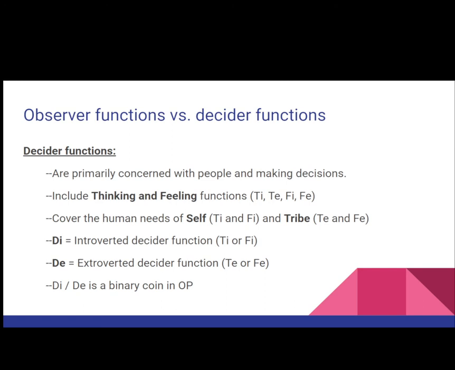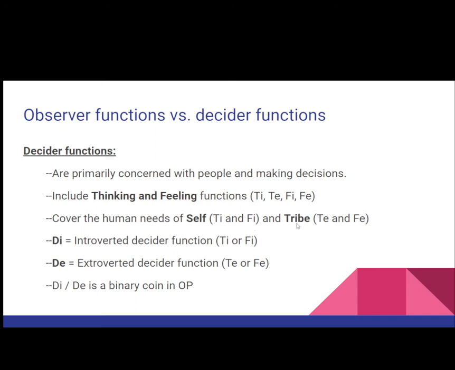The decider functions are primarily concerned with people and making decisions. These include the thinking and feeling functions, TI, TE, FI, and FE. And they cover the human needs of self, which is TI and FI. So TI is about your own personal logic, what works for you, what makes sense to you, and FI is your own personal feelings and values about things.